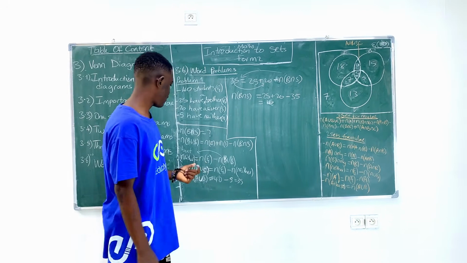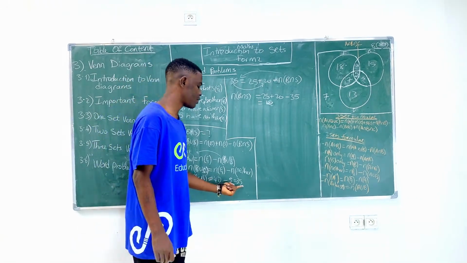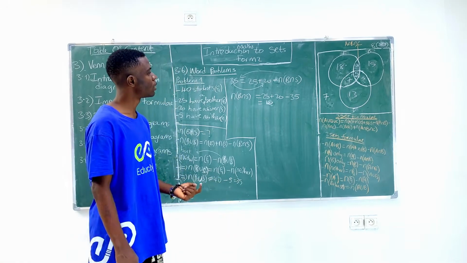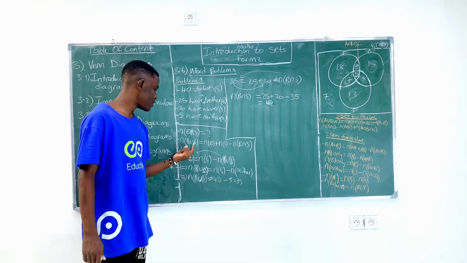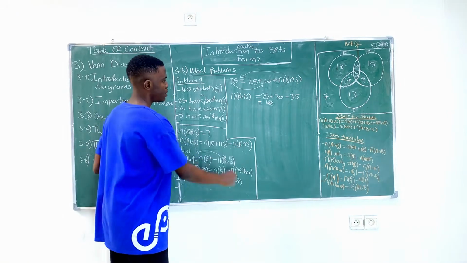So we found the number of B union S and we had 35. Now we plug that 35 into the formula, and we find what we are looking for, which is this.